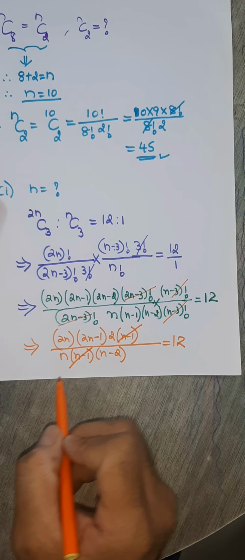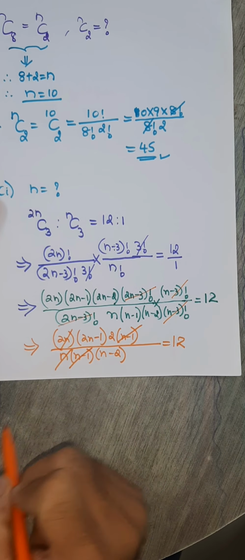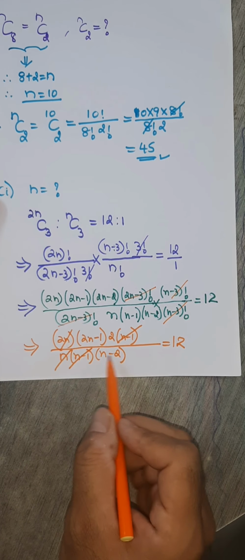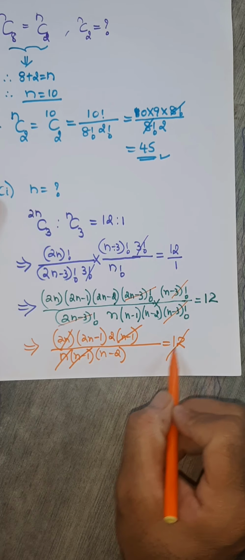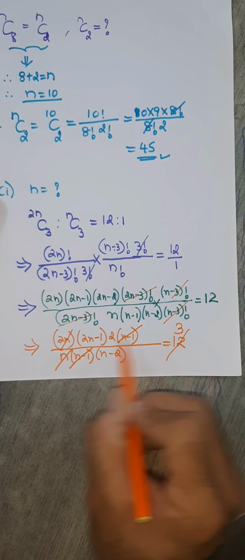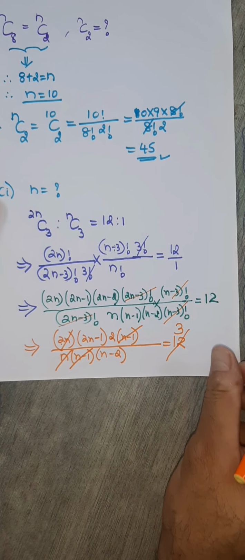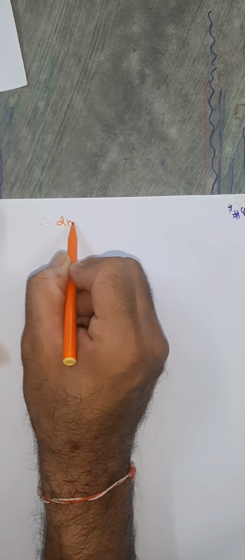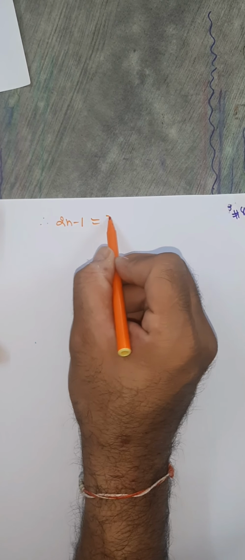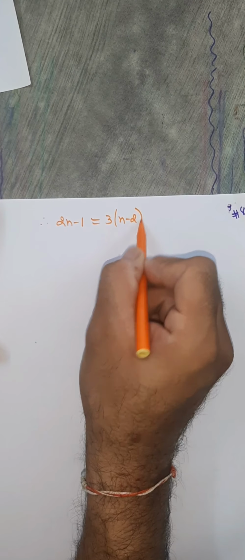So this will get cancelled, n will get cancelled. Now we just simplify. 2 into 2, 4. So here you are left with just 3. 2, 2, 4, that will get cancelled with this. So finally, if you simplify, you will get 2n minus 1 equals 3 into n minus 2.